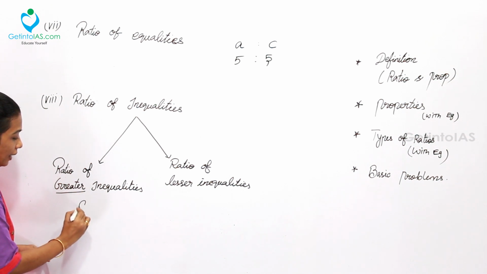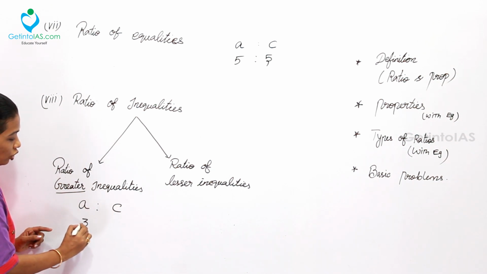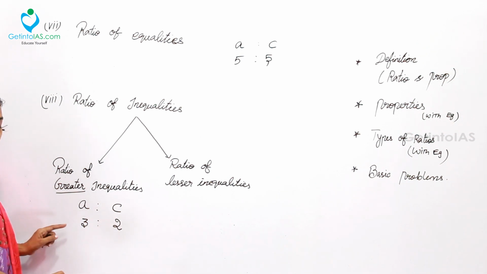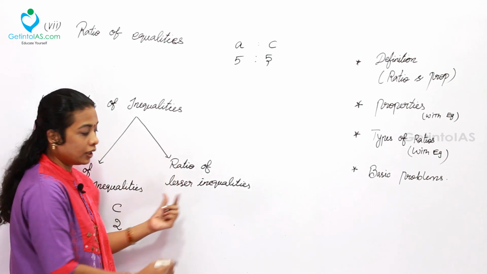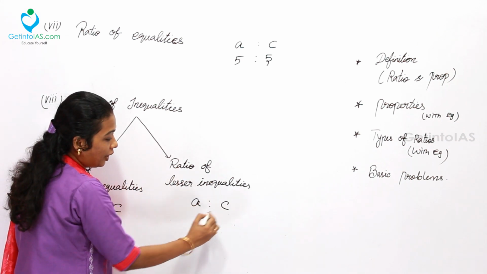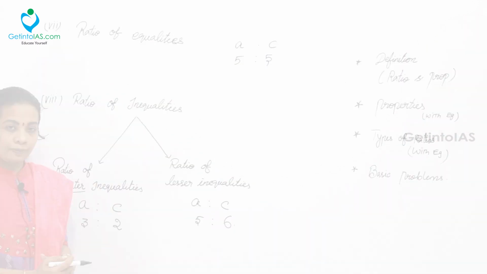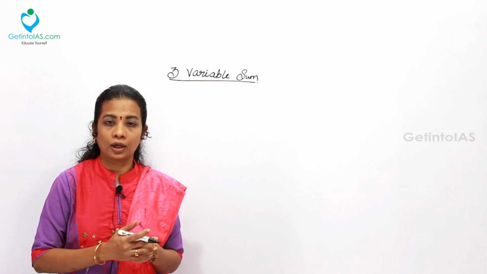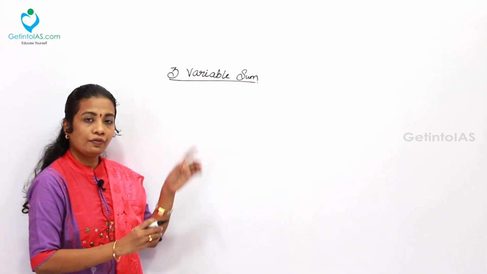Greater means antecedent will be greater than the consequent, that is 3 is to 2. Here the antecedent is greater, so it is called as ratio of greater inequalities. Ratio of lesser inequalities, the antecedent will be the lesser one. This is the example for that. In most of the cases, ratio may be found in 2 terms, but in some other cases, there will be 3 variables.